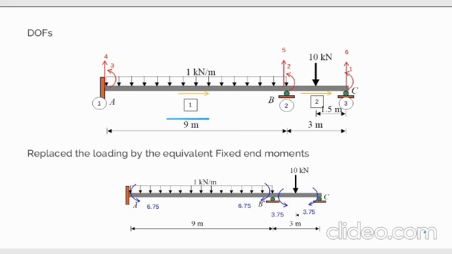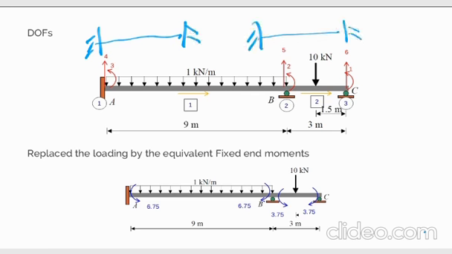When I take member number 1, this is member number 1, and this is member number 2.